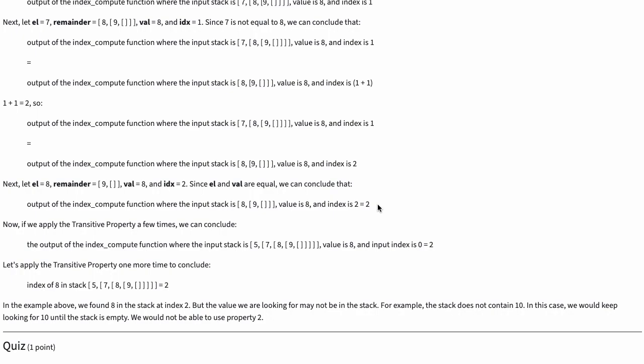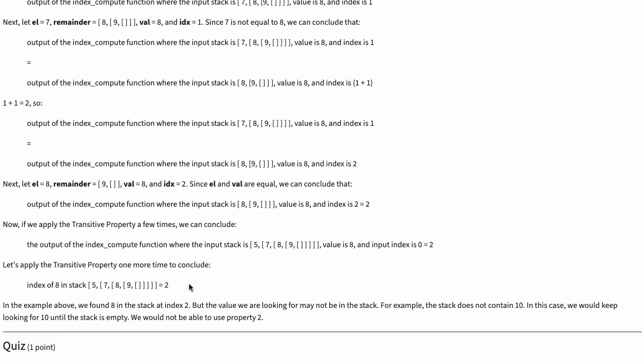Now, if we apply the transitive property a few times, we can conclude that the output of the index compute function, where the input stack is 5, 7, 8, 9, value is 8, and index is 0, is equal to 2. Let's apply the transitive property one more time to conclude that the index of 8 in stack 5, 7, 8, 9 is equal to 2.